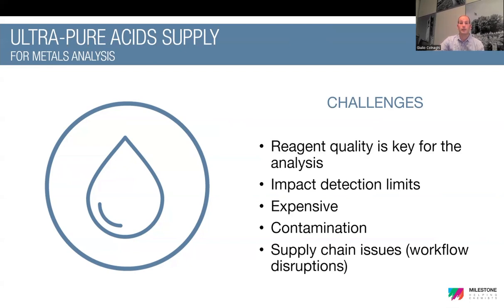The quality of the acid is key because often it is used for ICP and ICP-MS analysis, but also for cold vapor atomic fluorescence and cold vapor atomic absorption analysis.